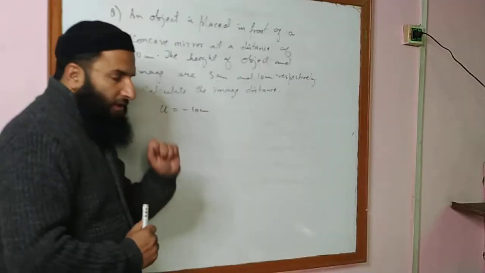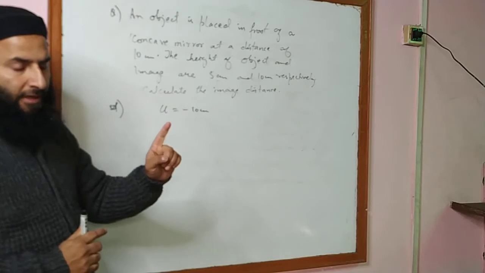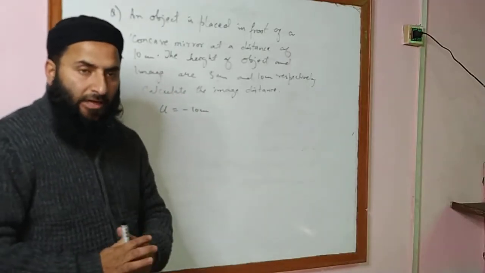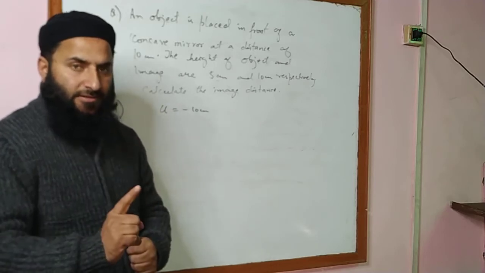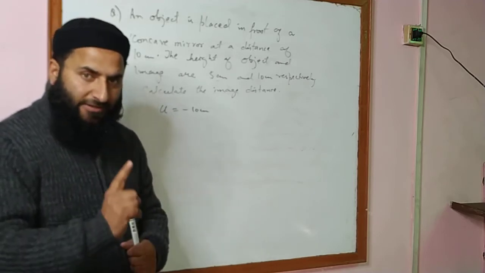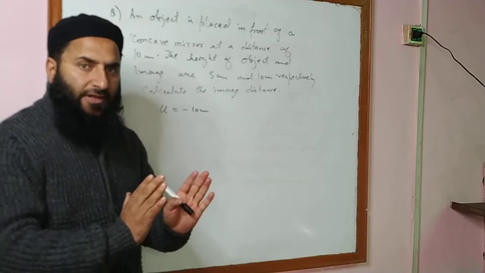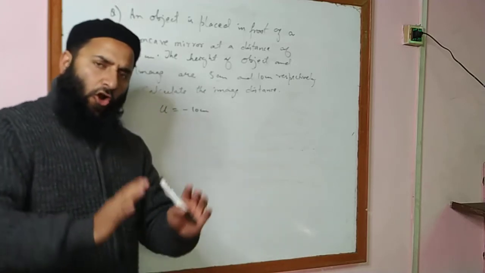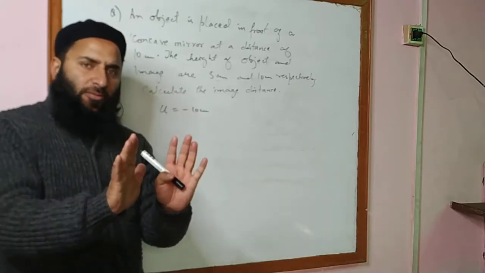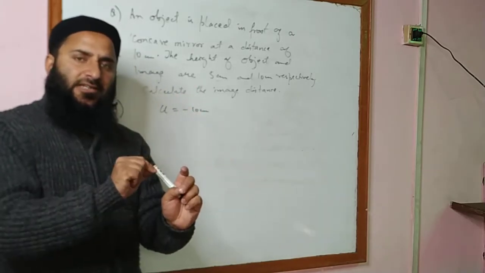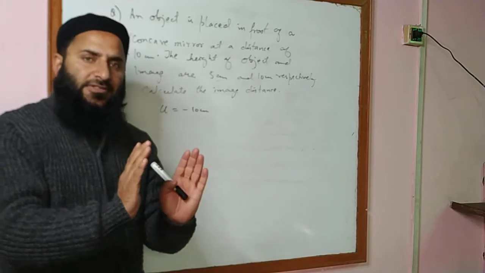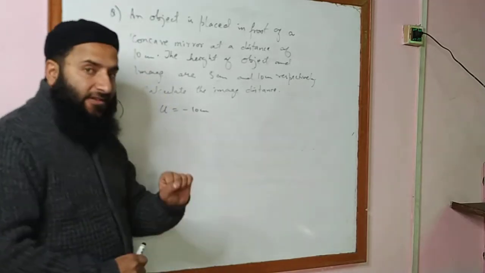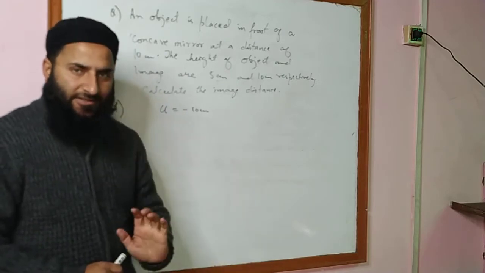Because the sign convention of mirrors says that when you measure a distance in the opposite direction of the incident ray, it is taken as negative. Object is always placed in front of the mirror and the object distance is always measured in the opposite direction of the incident ray. So it is taken as negative because sign convention says it.